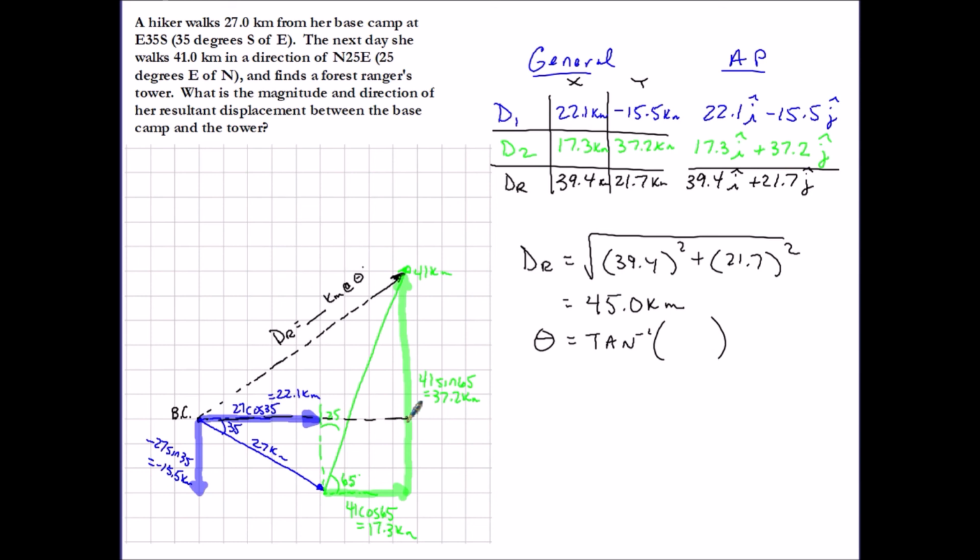I'm going to find that angle relative to the x-axis. This is the y component of that resultant, so that would be 21.7 kilometers. This is the x component, 39.4. And theta for that is about 29 degrees. So there we go. Two different ways for me to add those. I could either write the answer in unit vector notation, or I could write it as a magnitude and a direction. Problem solved.